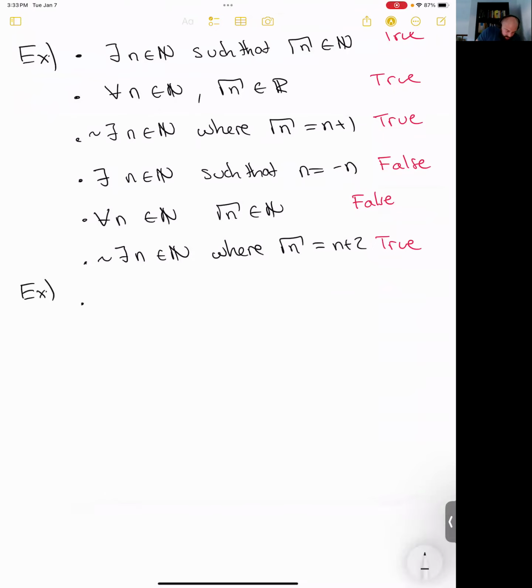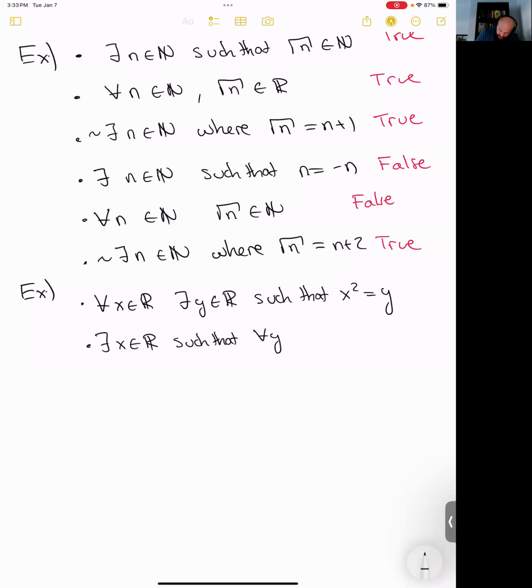So now we see: for all x in the real numbers, there exists a y in the real numbers such that x squared is equal to y. Okay, the next one. There exists an x in the real numbers such that for all y in the real numbers, x squared is equal to y.